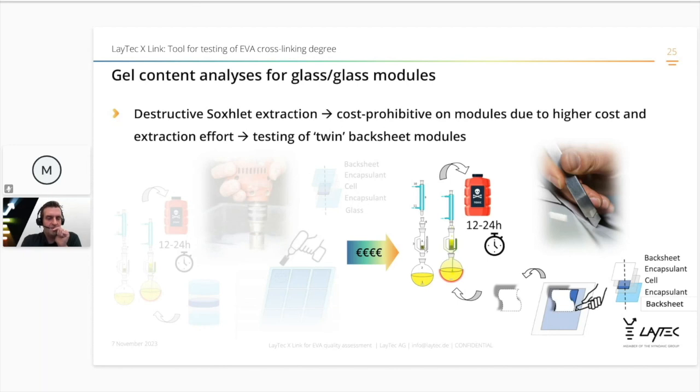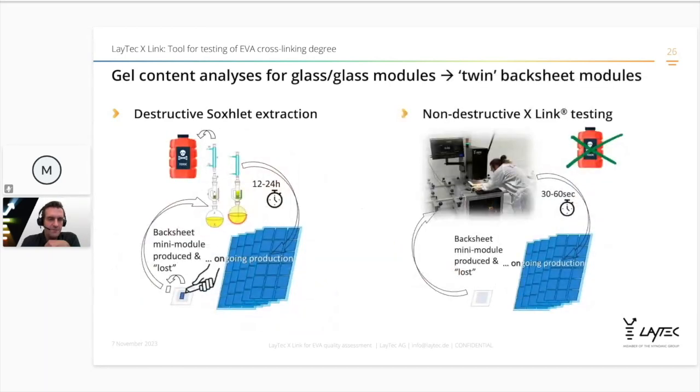So even in that case, people tend to use mini modules, which they produce as twin modules of their glass modules, but equip them with backsheets. So they run them in parallel, determine some kind of offset in lamination quality between the glass module and the mini module, and then use that as a monitor for their production process for the glass modules.